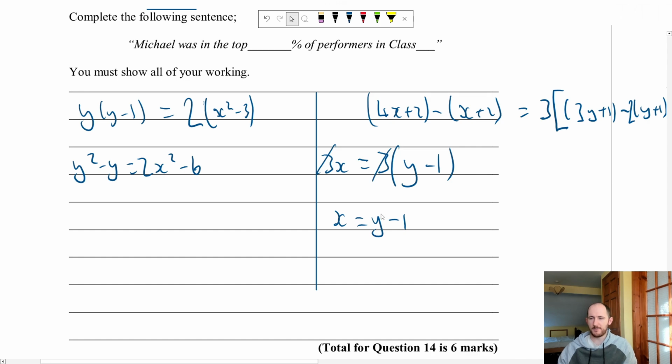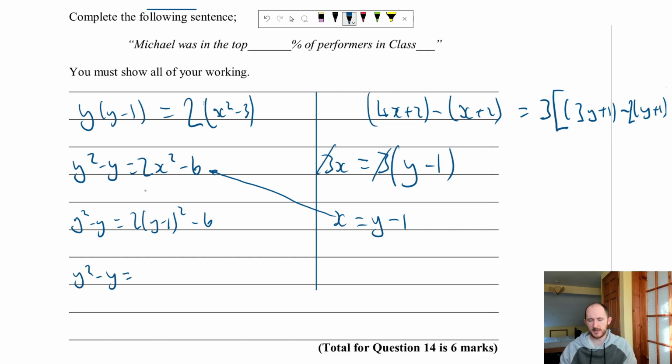So, just sub it in and we're going to solve the simultaneous equation that comes out of it. So we're going to sub this into the x part over here. So we have y squared minus y equals 2 (y minus 1) squared minus 6. That'd be y squared minus 2y plus 1 minus 6.